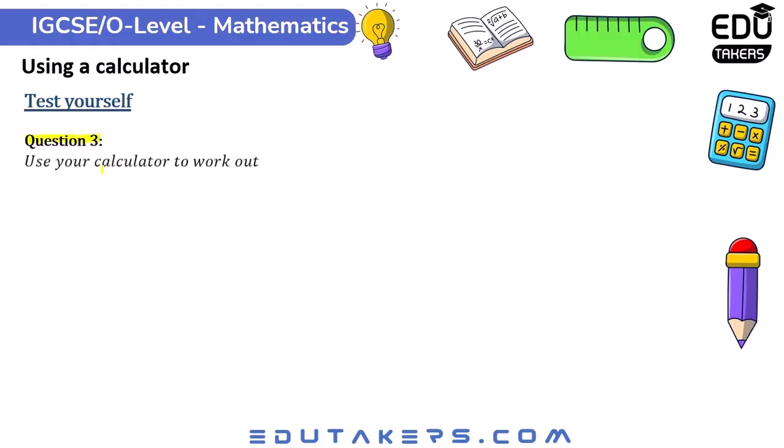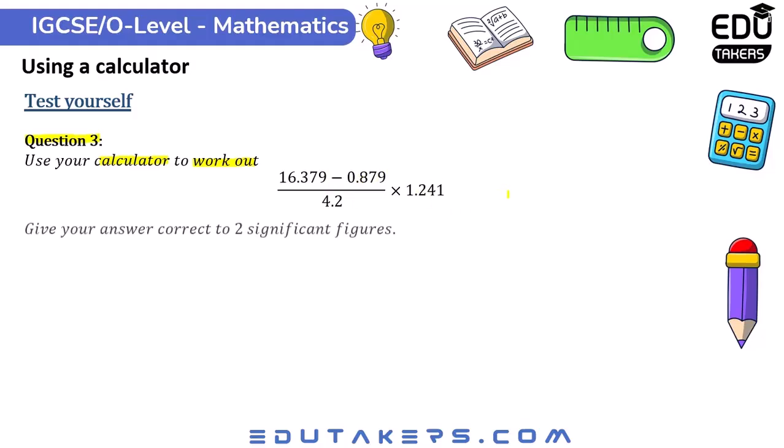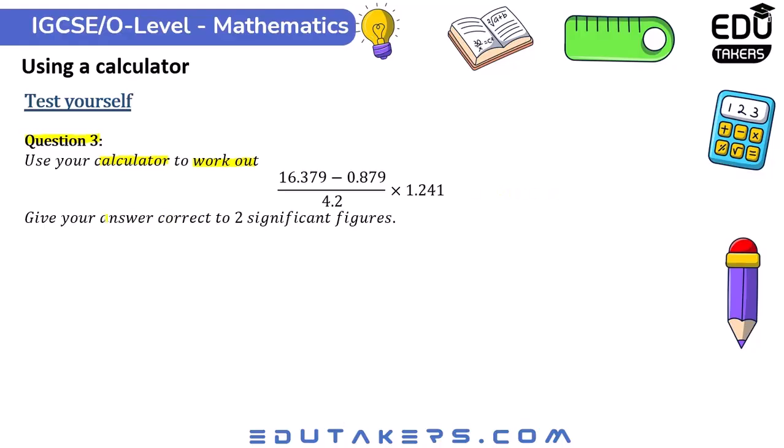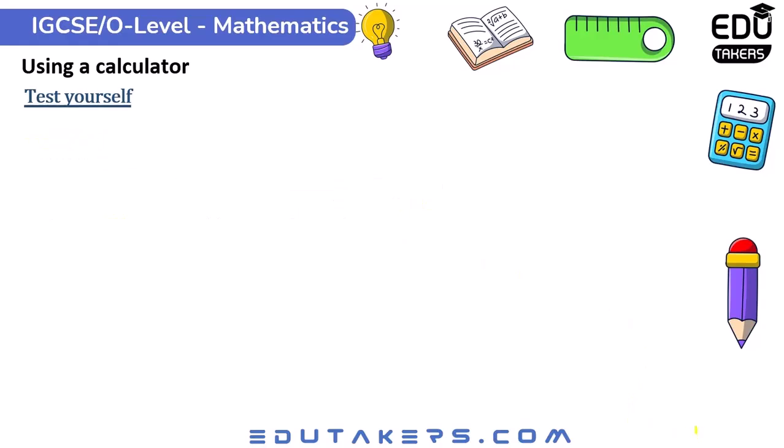Question number 3 is, use your calculator to work out 16.379 minus 0.879 over 4.2 multiplied by 1.241 and give your answer correct to 2 significant figures. It's a 2-mark question. Question number 4.